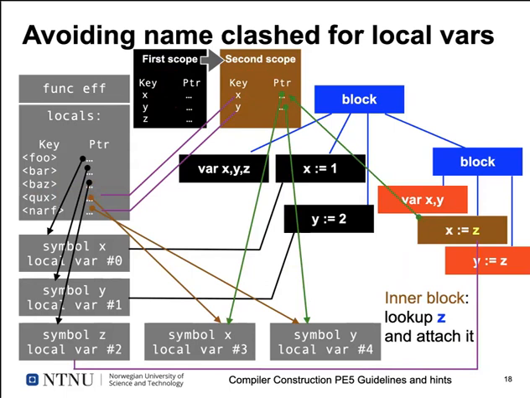And well, what happens for our assignment x equals z? So of course, not only the left-hand side, but also the right-hand side variables need to be looked up. So z is not a variable in our local scope, but we find a symbol z, and we can figure out, using the links, that it's actually in our outer scope here. So we can look it up and attach it to that z.